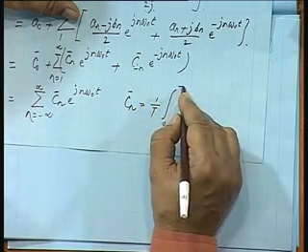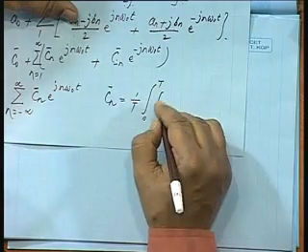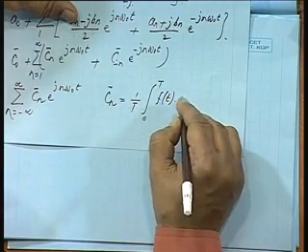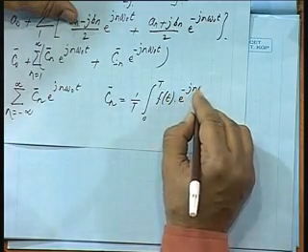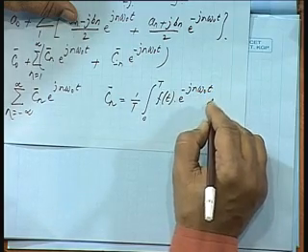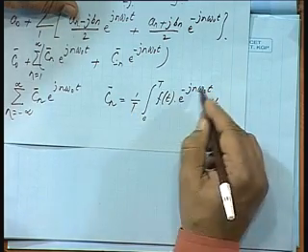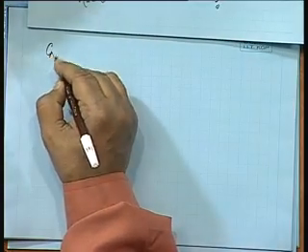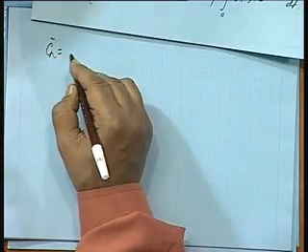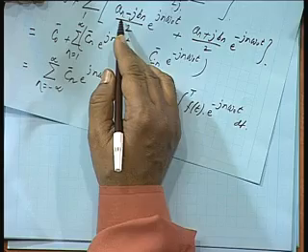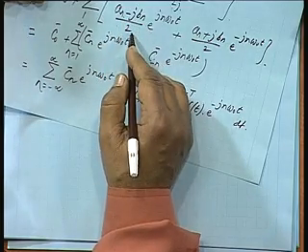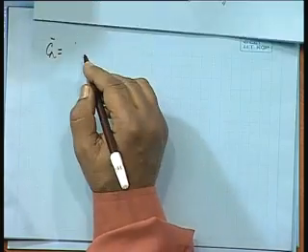Where Cn bar is 1 by T times the integral from 0 to T of f(t) e to the power minus j n omega naught t dt. Do you agree? Let us see how we get this.